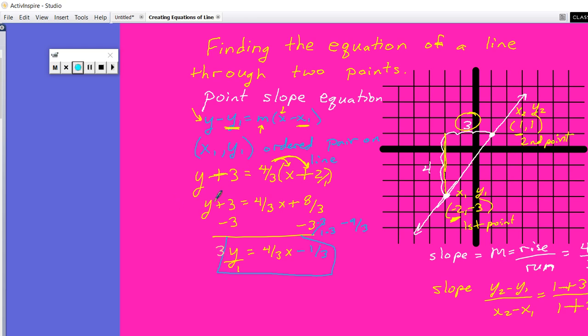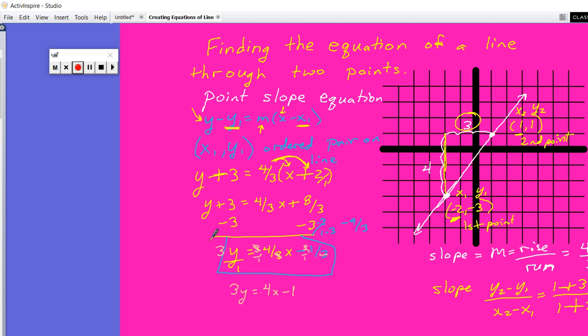So 3 times y, 3 times 4/3 x, and 3 times 1/3. 3 times y is 3y. 3 times 4 is 12, divided by 3 is 4. In other words, you can just cancel off those 3's, so that makes 4x. 3 times 1/3, those 3's cancel and we get -1.